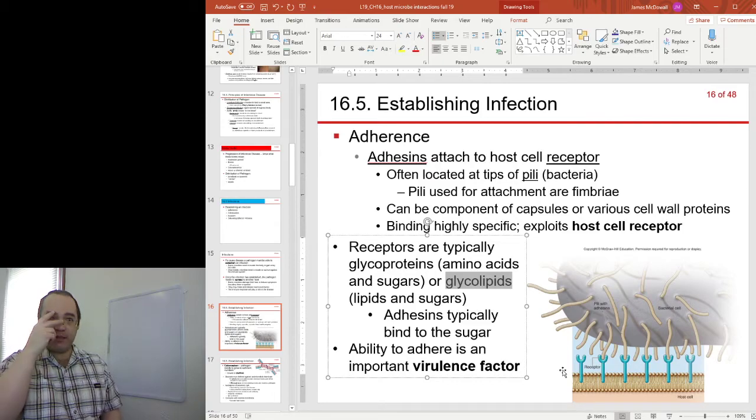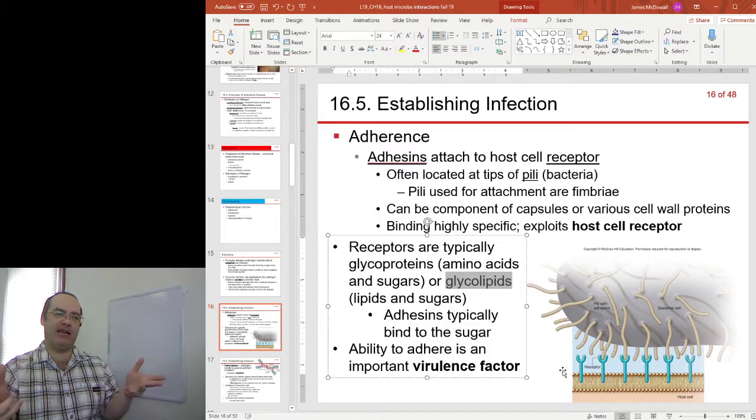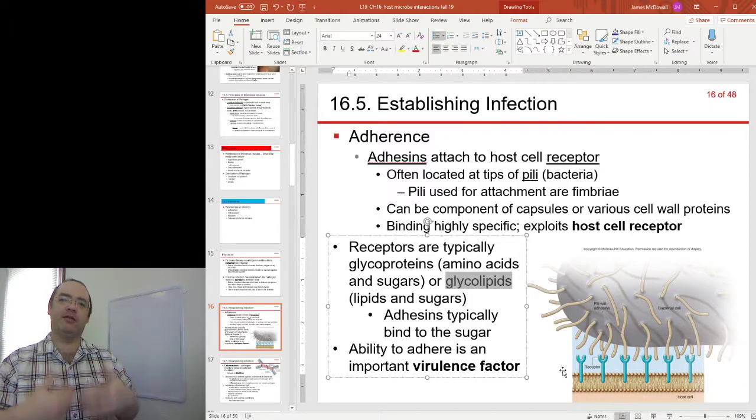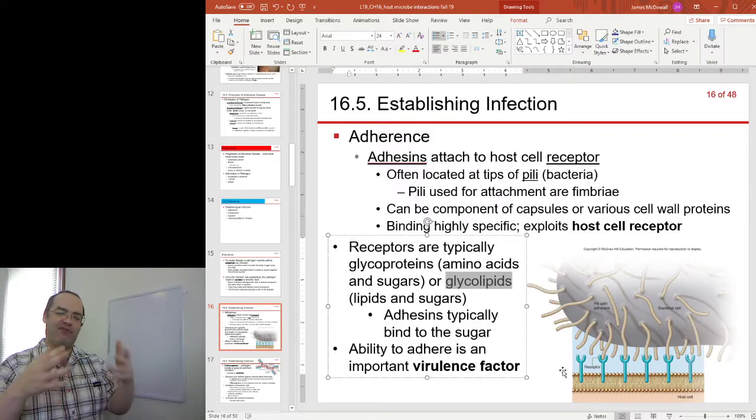And just like viruses, where a bacteria is going to stick depends on which adhesins it has for which receptors. And different tissues in your body have a different set of receptors. So a respiratory bacteria is going to stick to respiratory surfaces because those respiratory surfaces have the right receptors.